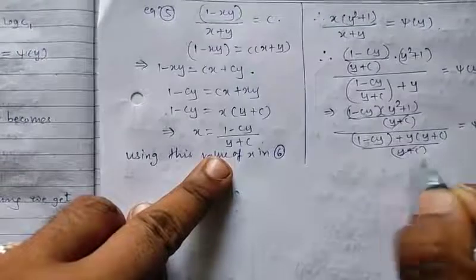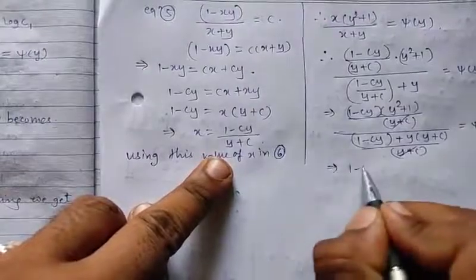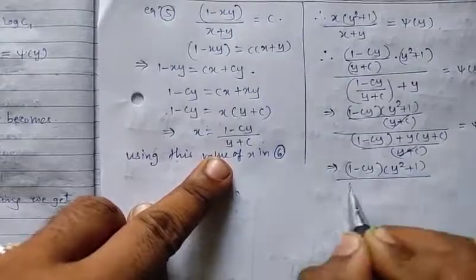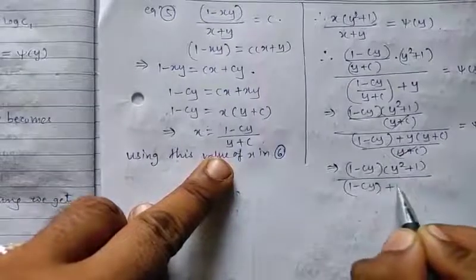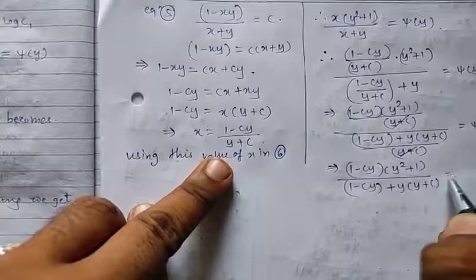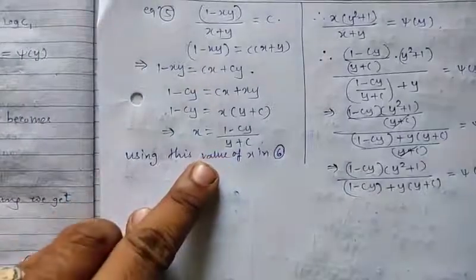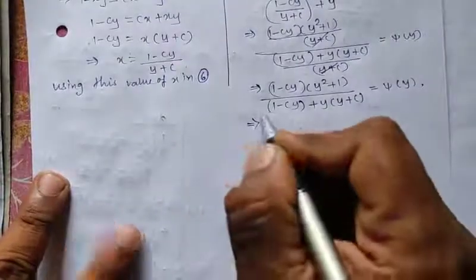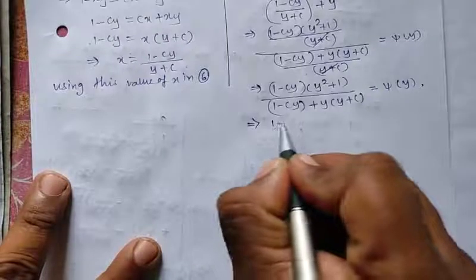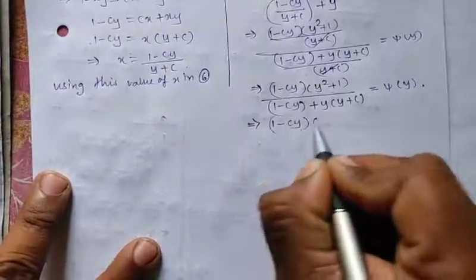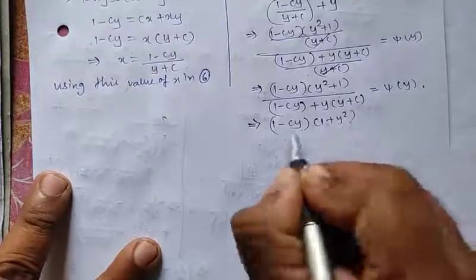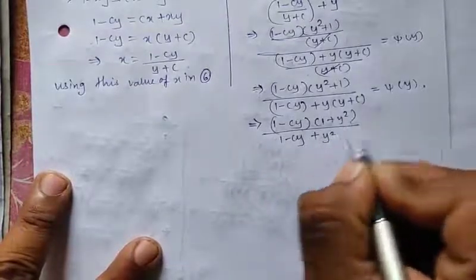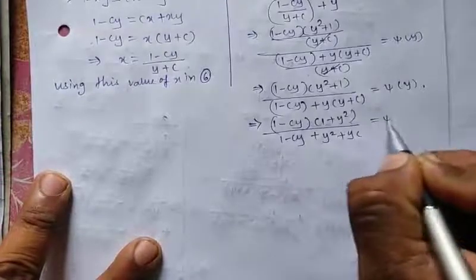So these two terms will get cancelled. So we get (1 - cy)(y² + 1) upon [(1 - cy) + y(y + c)] equal to psi of y, right? After solving, we get (1 - cy)(1 + y²) upon [1 - cy + y² + yc] equal to psi of y.